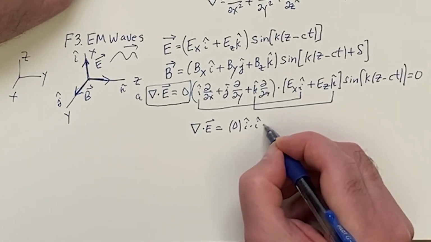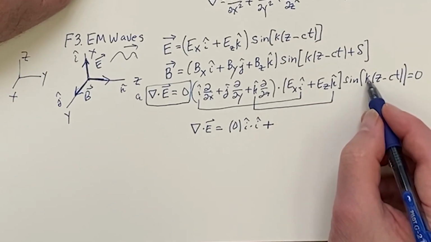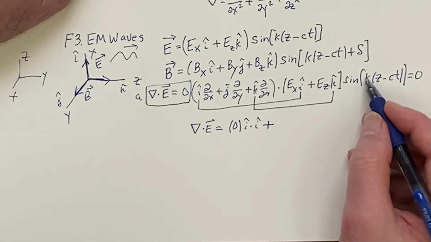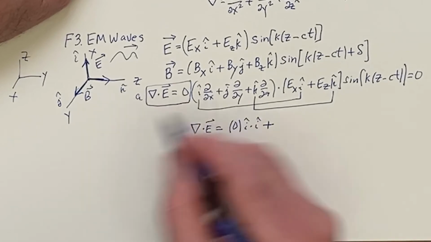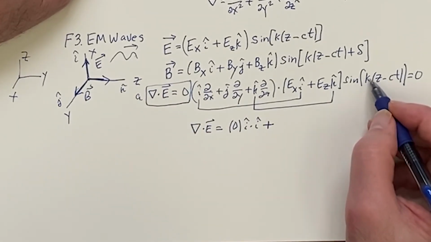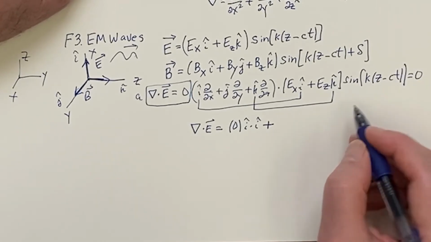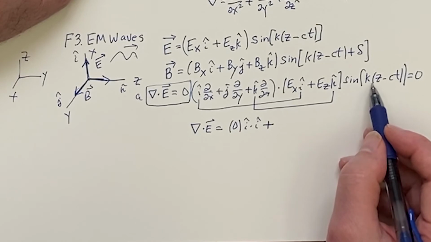Then for the next one, now this k is not anything else, it's not like k hat, so don't worry about that. There's just some constant in there. Okay, so then we take the derivative with respect to z.